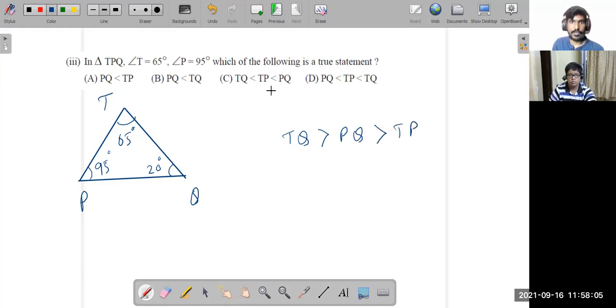So which one matches? Or I can just write TP less than PQ less than TQ. B matches, no? This does not match. This also does not match. So it's just B.